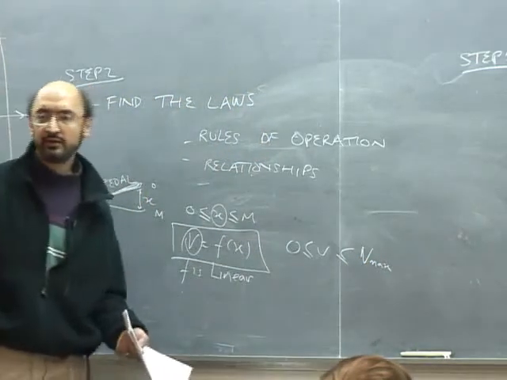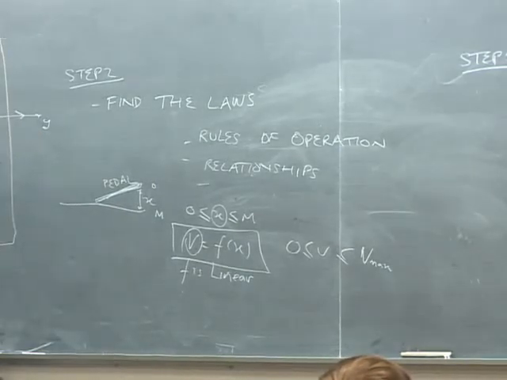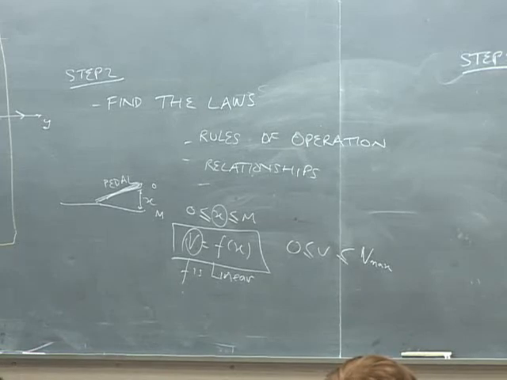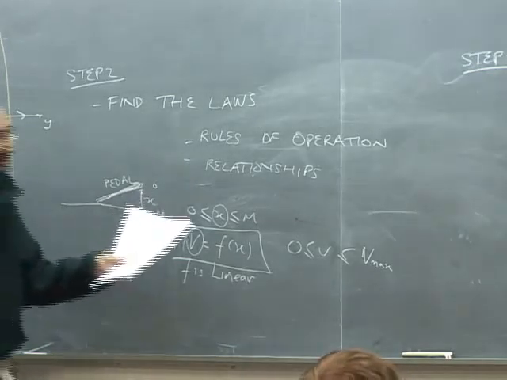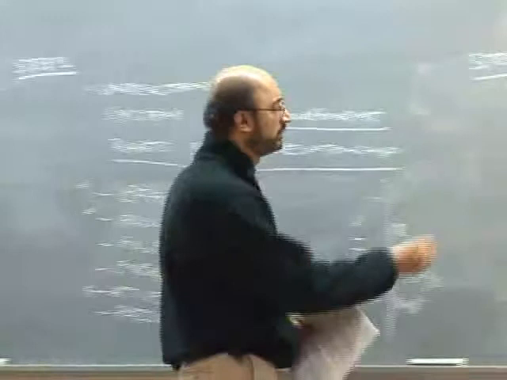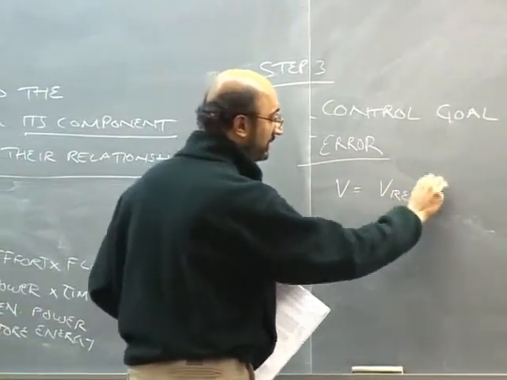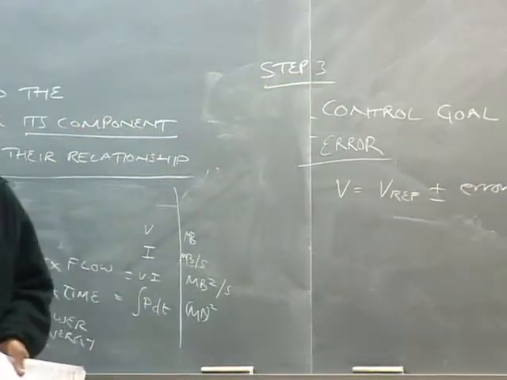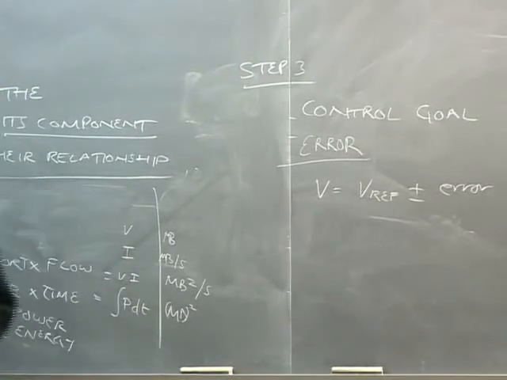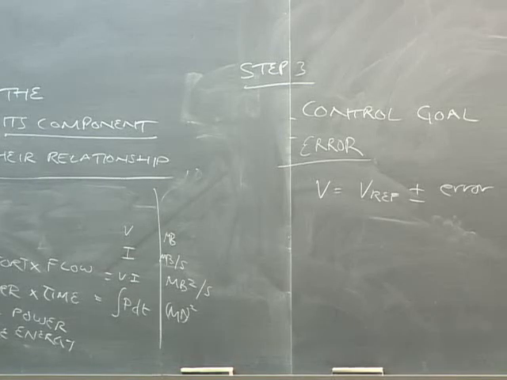V max is certainly the speed of light. So no car can travel faster than the speed of light. It's an obvious v max, but maybe there's other v max as well. And then the last thing we say is we want v to be equal to some v ref, plus minus error. Error could be proportional error or absolute error. It could be plus minus 5% or plus minus 10 meters per second, whatever. So that's the process we go through.